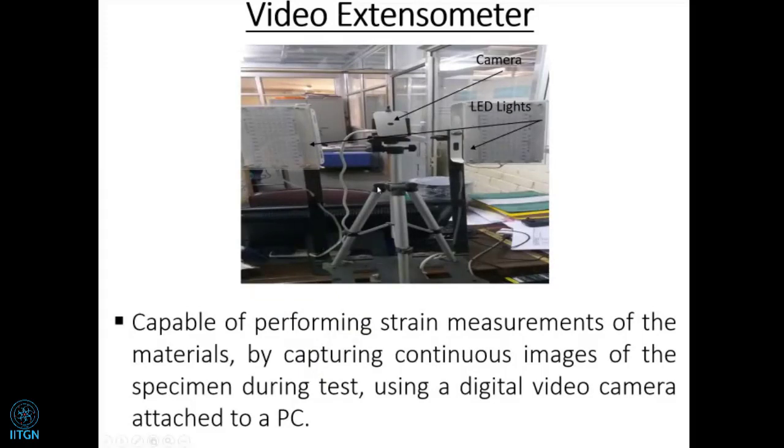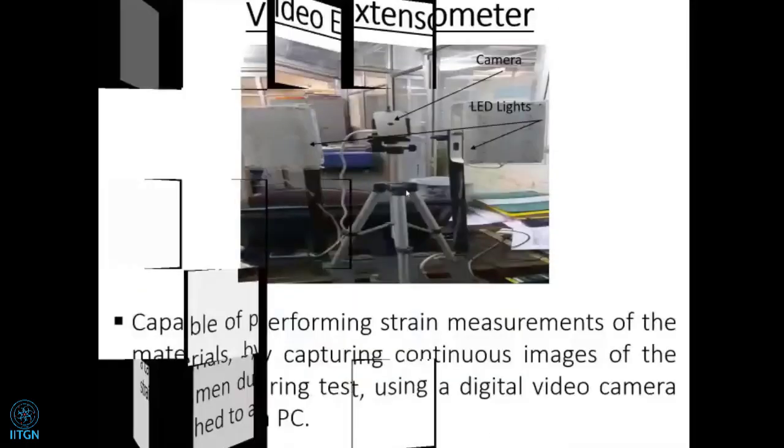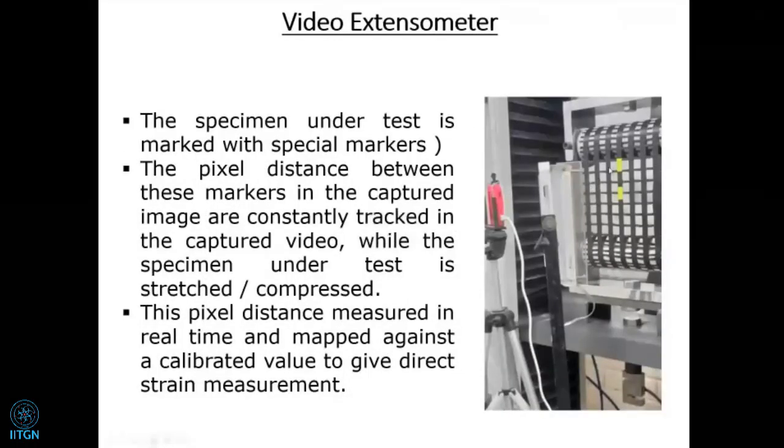It is manufactured in-house in our laboratory, having a camera as well as some LED lights. We put two marks on the gauge length, and as the tensile test progresses, these marks will elongate, and this elongation will be measured by the video extensometer.